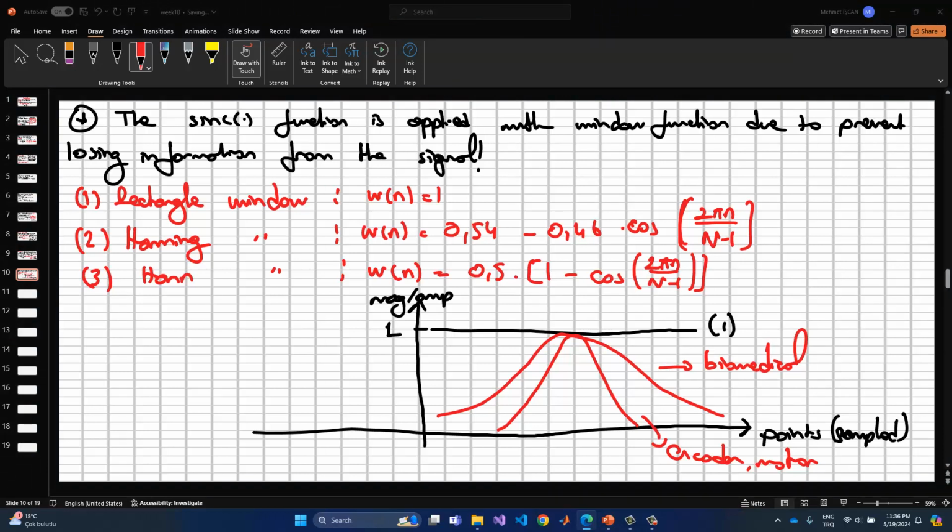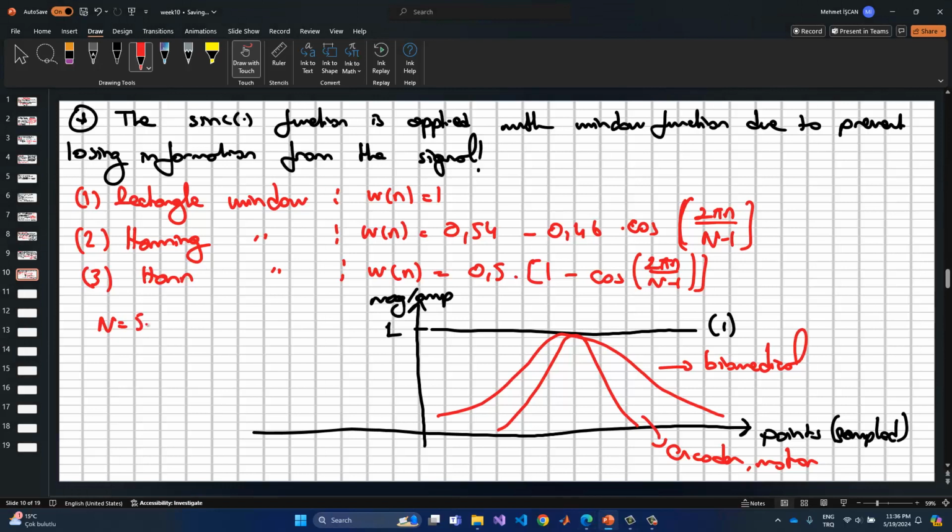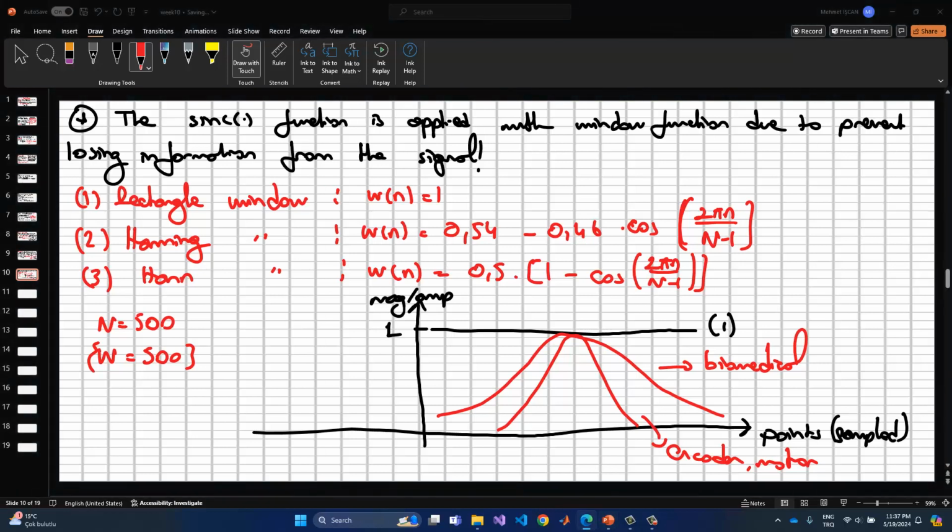For example, if we take measurements at 500 samples, then the window function also has 500 points. For example, this rectangular window is given n, which means that this n is starting from 0 to 500. This is important. Okay.